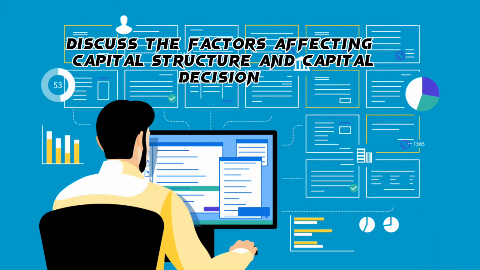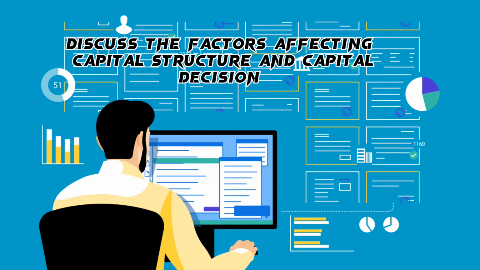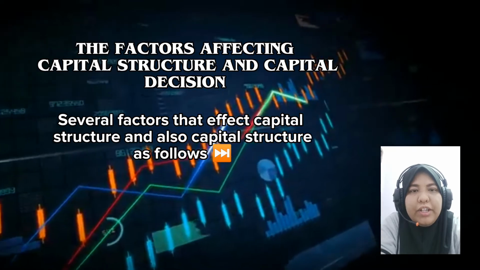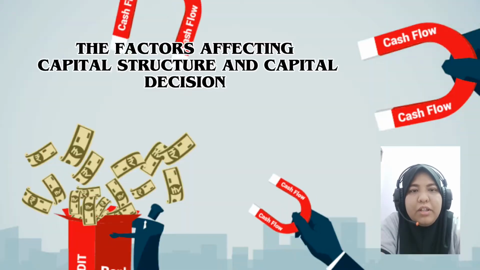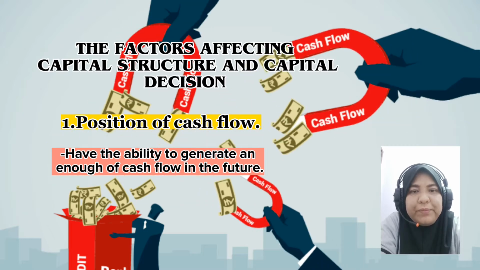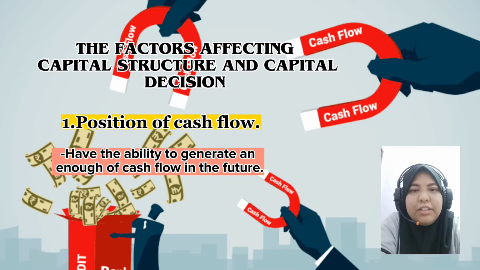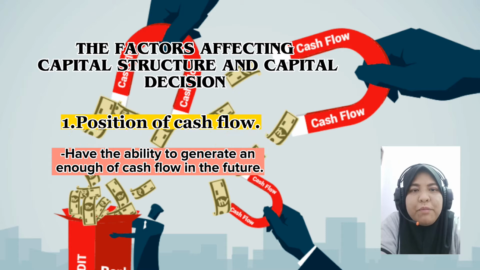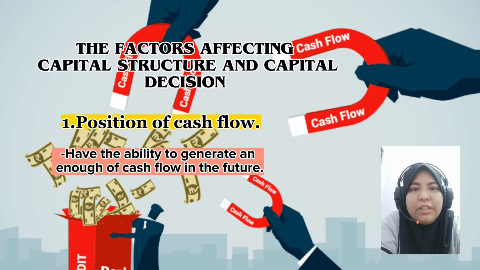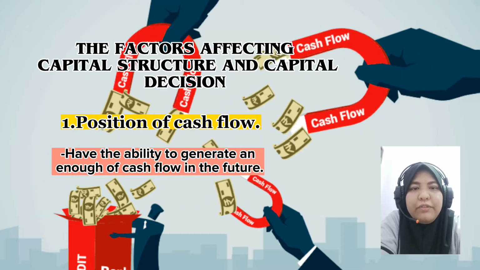Discuss the factors affecting capital structure and capital decision. There are several factors that affect capital structure as follows. The first factor is that the company must know their position of cash flow. Based on the composition in the statement of cash flow, the company must know whether they have the ability to generate enough cash flow in the future.